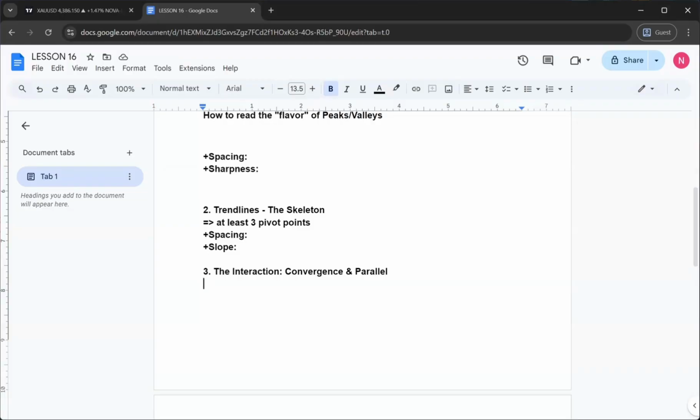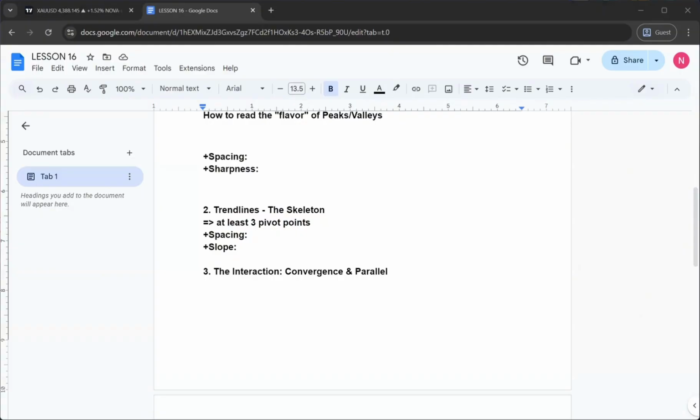For convergence, in a coiling spring state, the resistance line, which is the upper line, slopes down and the support line, the lower trend line, slopes up, and they meet at a point. It means the price range is narrowing, and buyers or sellers are being backed into a corner.